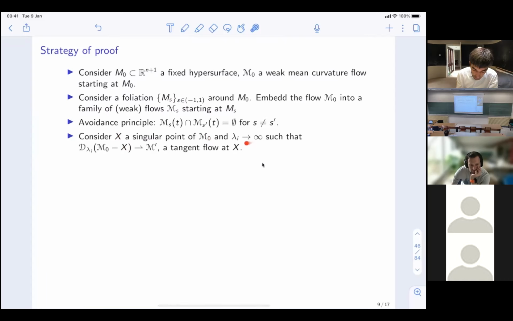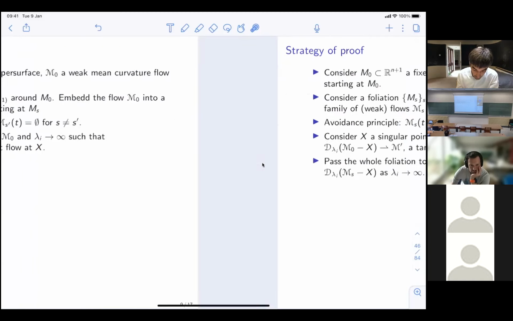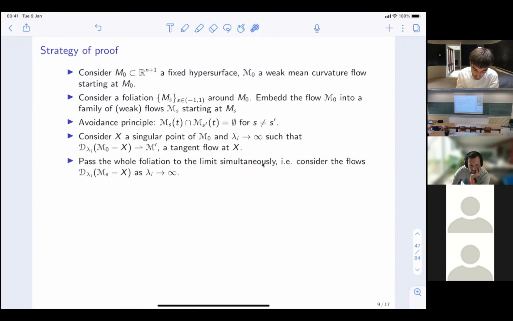So we blow up by a sequence of rescalings and get a tangent flow. Now we assume this tangent flow is something that we don't want to see. But what we can do is pass this whole foliation to a limit simultaneously.